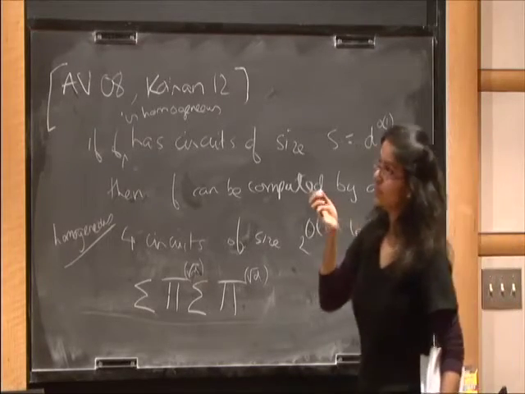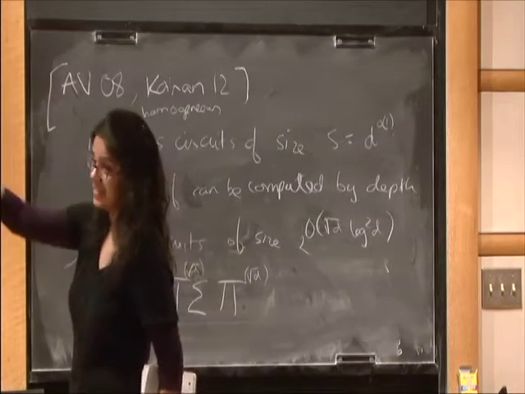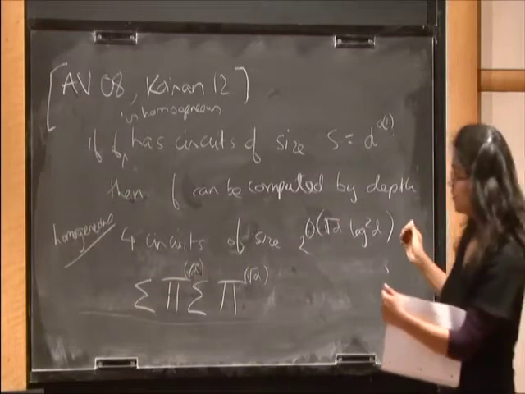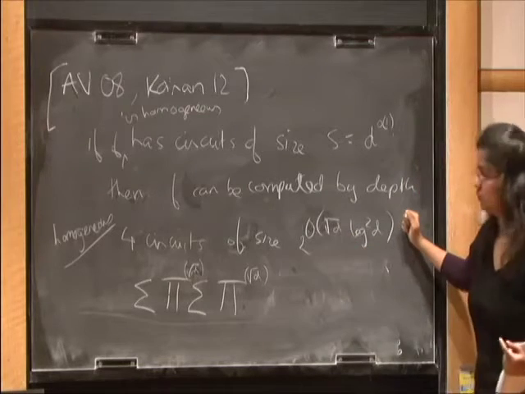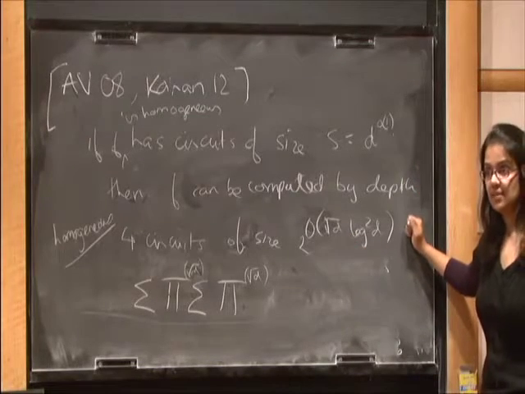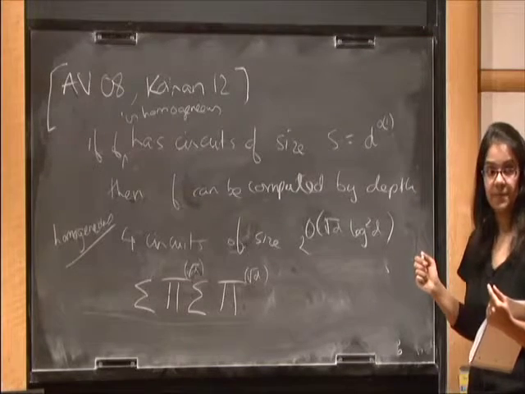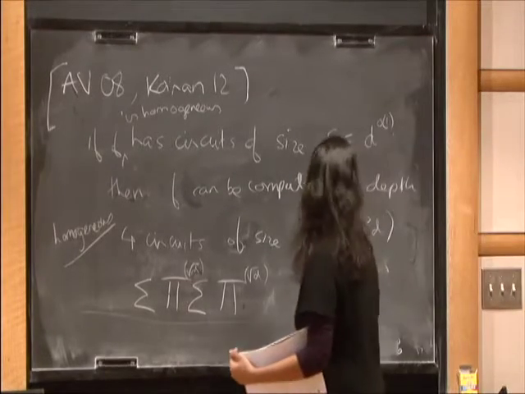Just a few months ago, by the same set of authors, GKKS, 2012, there was a paper which showed lower bounds which come really, really close to this particular bound, which you need to beat to prove lower bounds for general circuits.